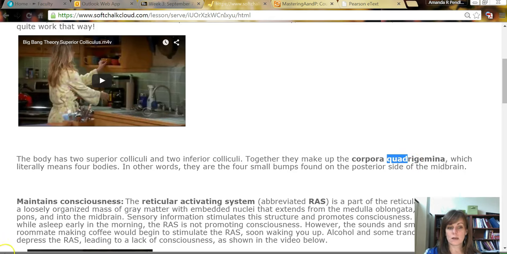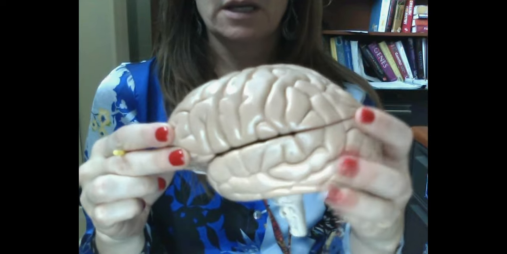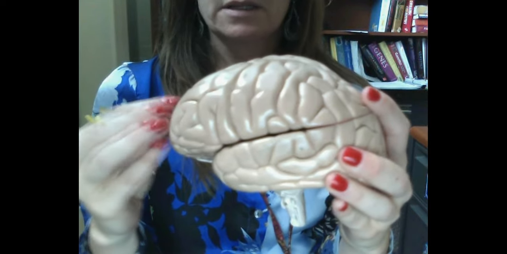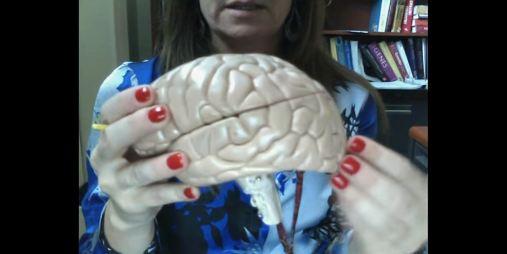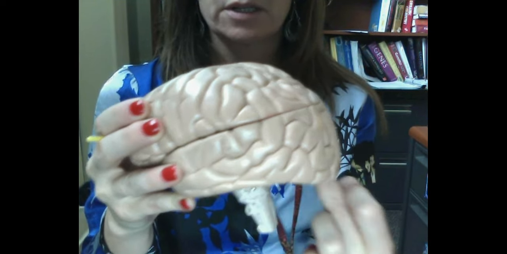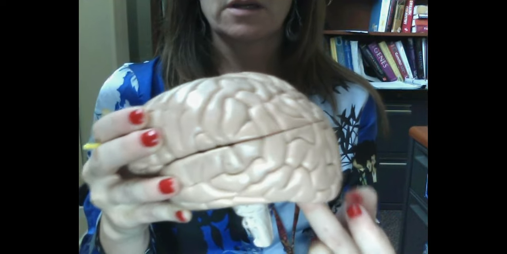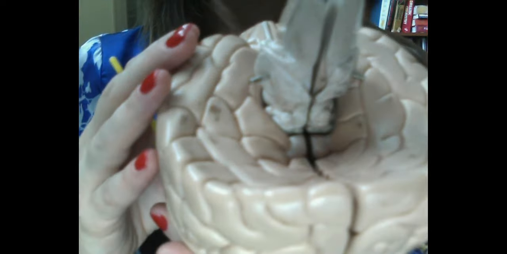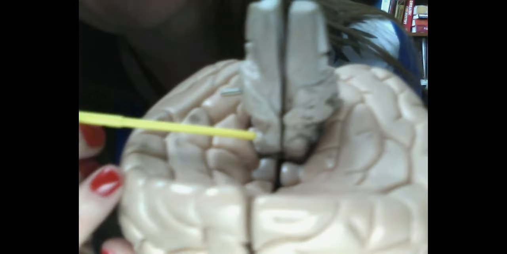So I'll take a minute now and show you on the brain model where you can find these to help you visualize it. Okay, so here's your brain again. Here would be the front side of your brain. Here would be the back side. I've removed the cerebellum, which would be located right in this region here. So if we look on the back side of the brain, and I'm going to turn it around like this, and hopefully get up close where you can see. You may notice that there are 4 bumps in this area.